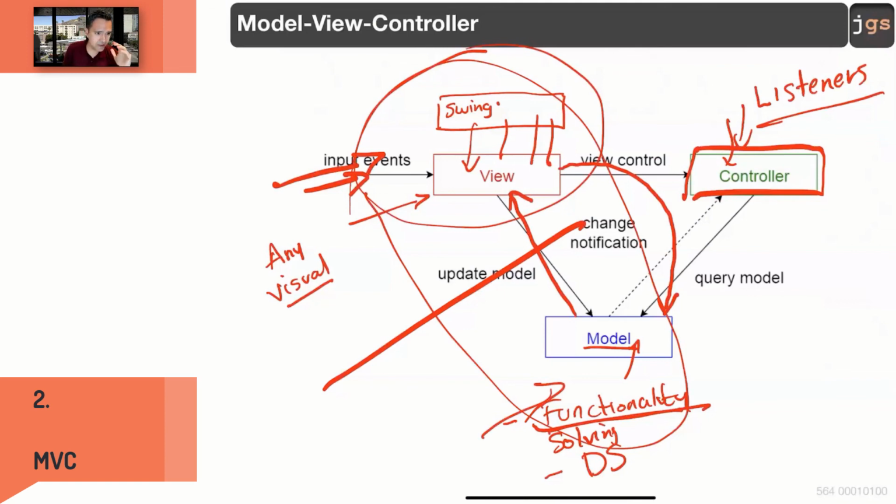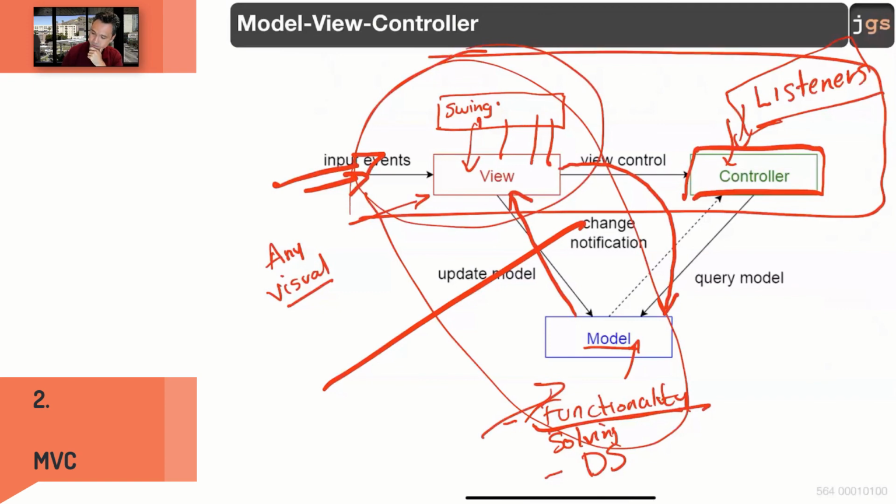Now, the worst case scenario, something that we need to review in detail. How many of you have your listeners separate from your views? Common practice, guys: we put together the listeners and the views.